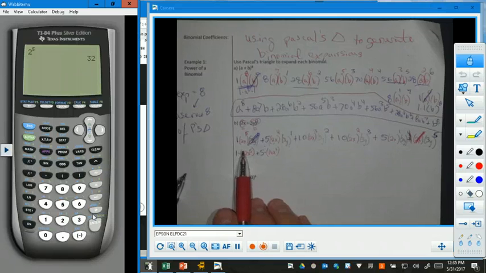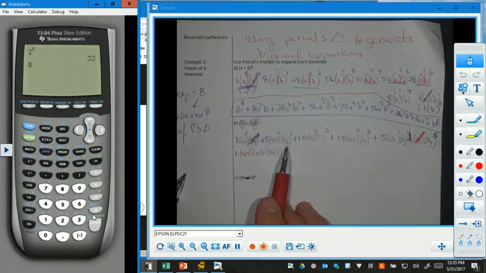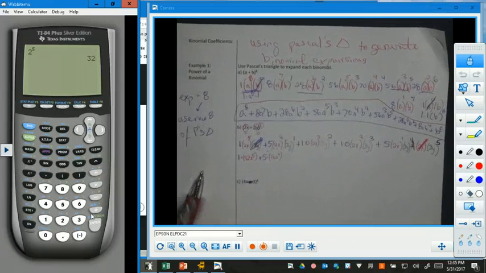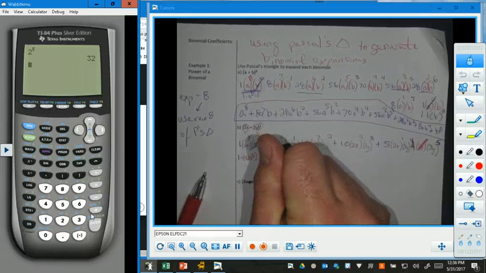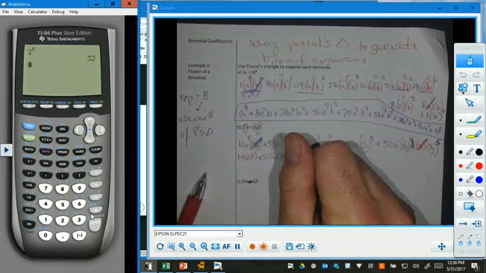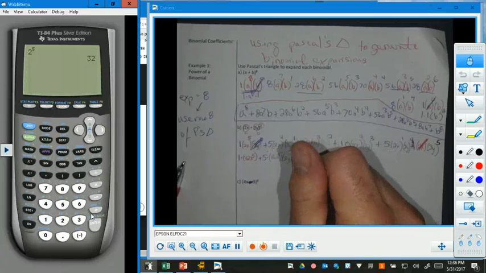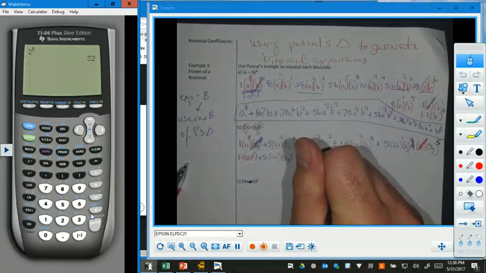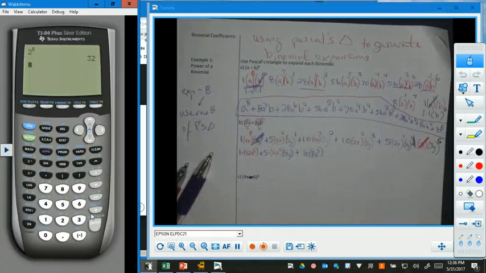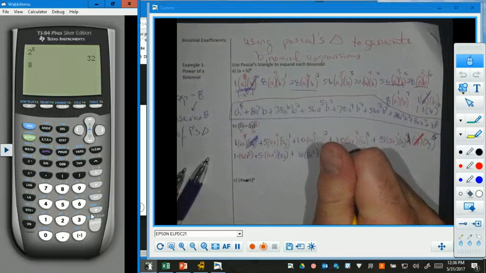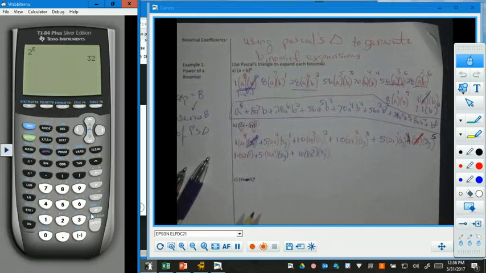Now, before I actually write my final answer, I'm taking the time to raise this to the 5th power, raise this to the 0, raise this to the 4th power, raise this to the 1st. So there is still a 3y there. Now we have 10. 2 to the 3rd is 8, so this becomes 8x cubed. 3 squared is 9, so that becomes 9y squared.